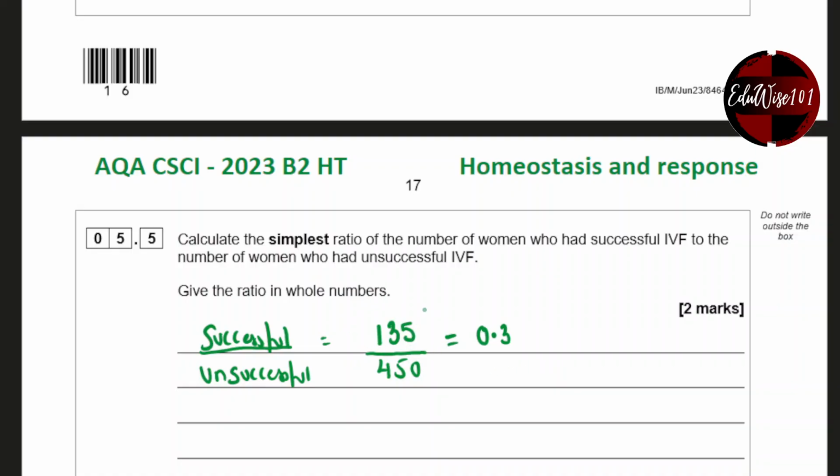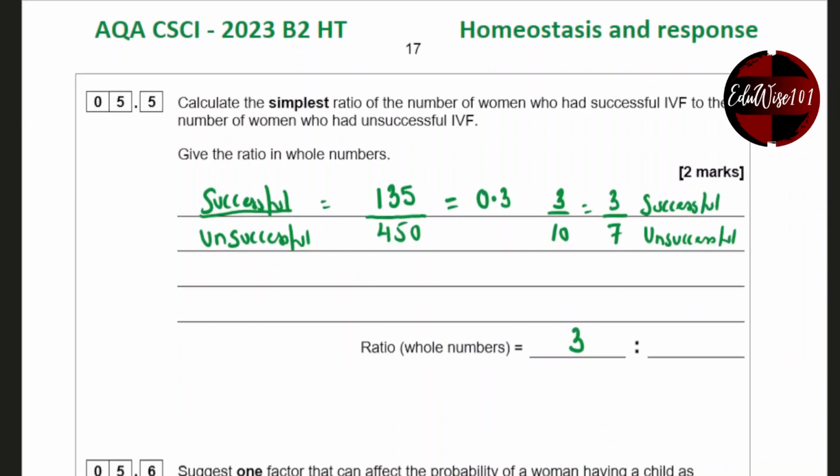So the number of successful is 135, and 0.3 is 3 over 10. So 3 is successful, 7 is unsuccessful, right? Unsuccessful will be the rest. So the answer is 3 is to 7.